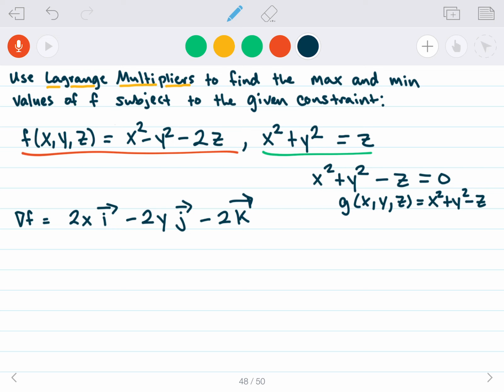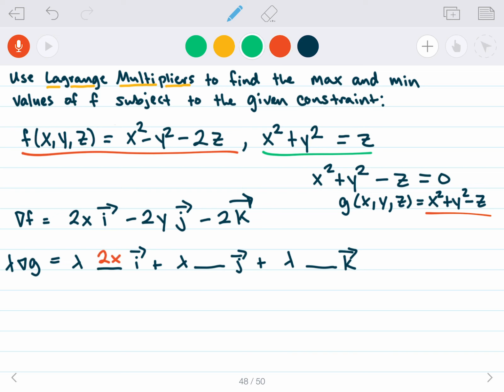So taking the gradient of g and multiplying it by lambda, we get lambda something i plus lambda something j plus lambda something k. If I take the derivative with respect to x, I get 2x. With respect to y, 2y. And with respect to z, minus 1.